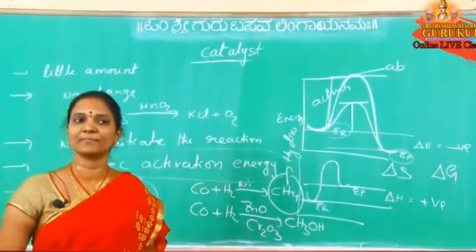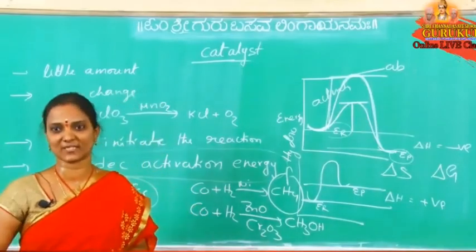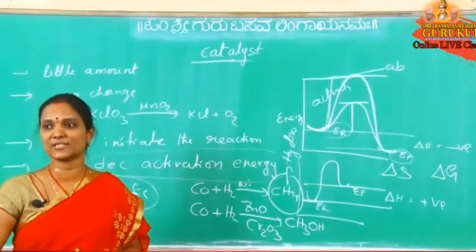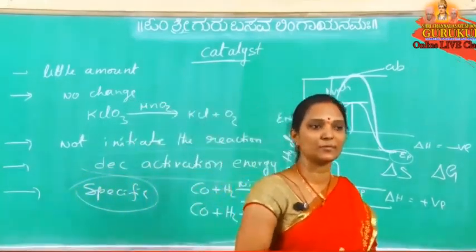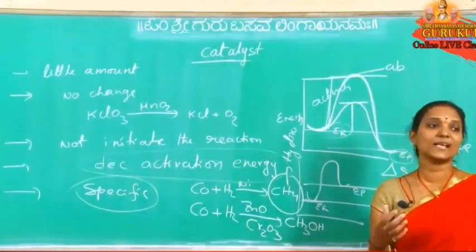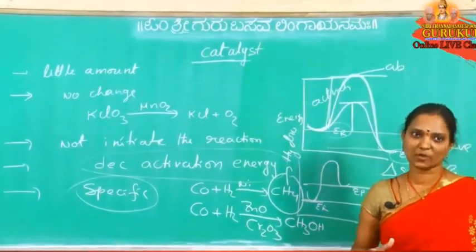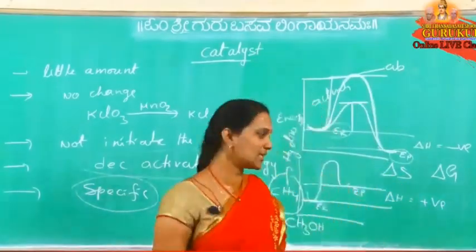That reaction name is the Fischer-Tropsch process. In hydrogen compounds, we learned the preparation of hydrocarbons from carbon monoxide and hydrogen, water gas, in the presence of nickel, iron, cobalt. In the Fischer-Tropsch process, nickel, iron, cobalt are used as the catalyst.